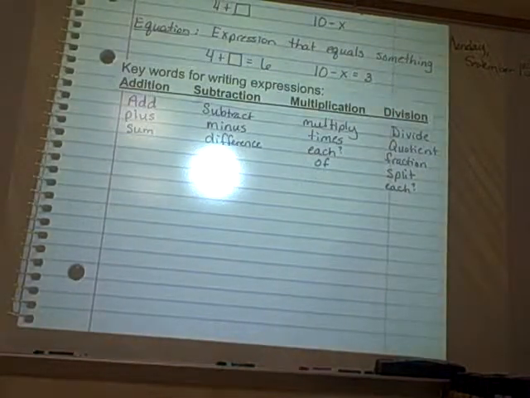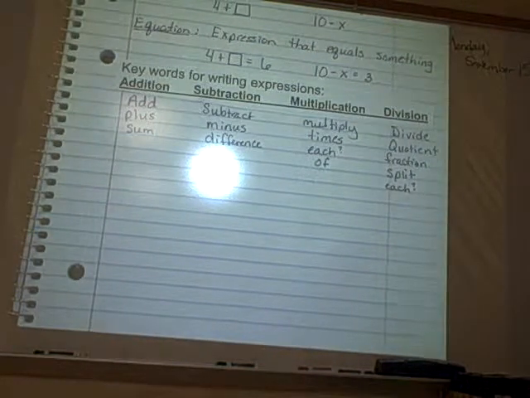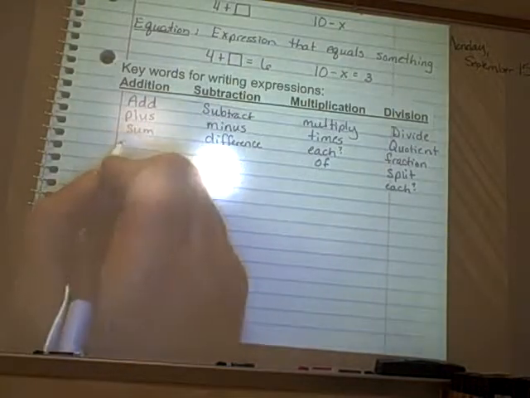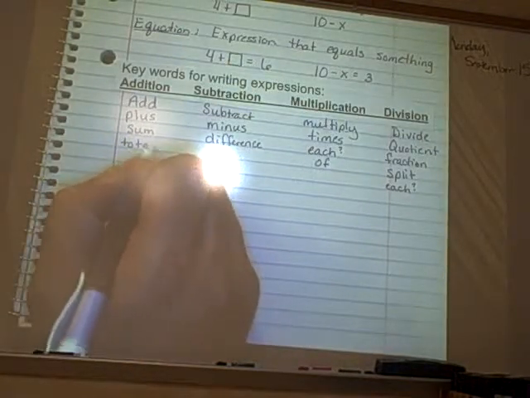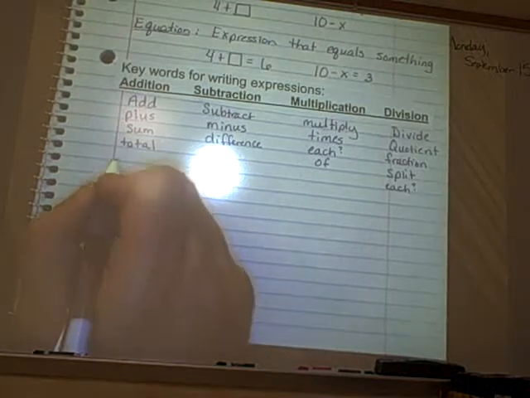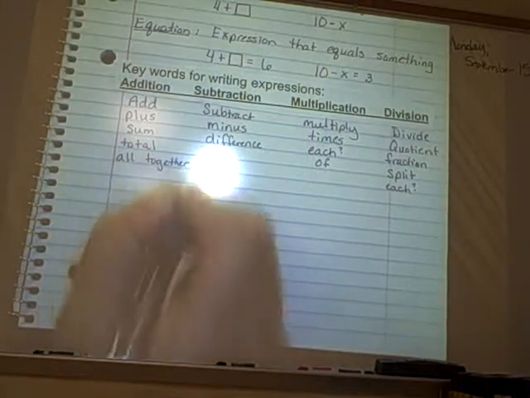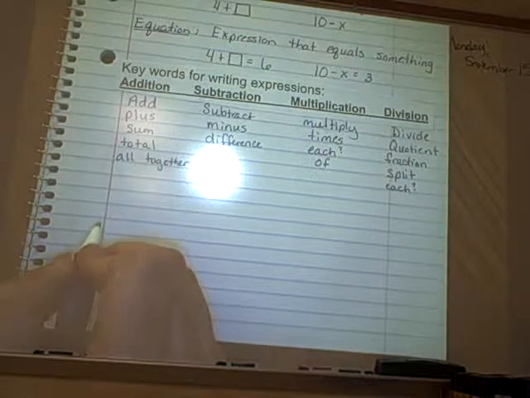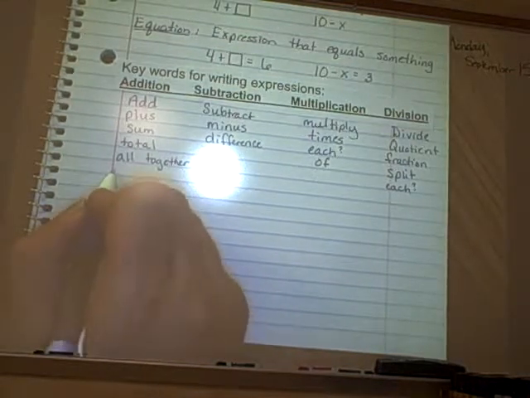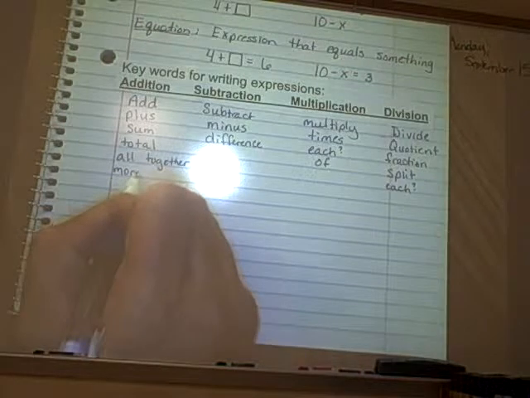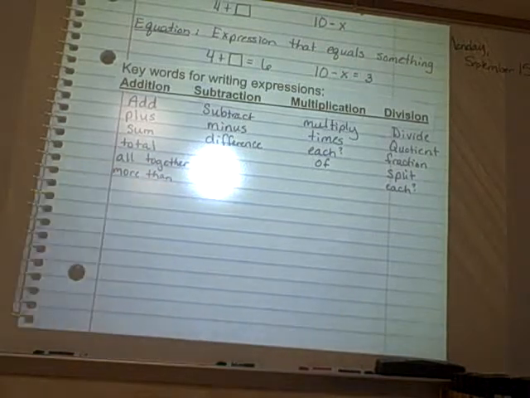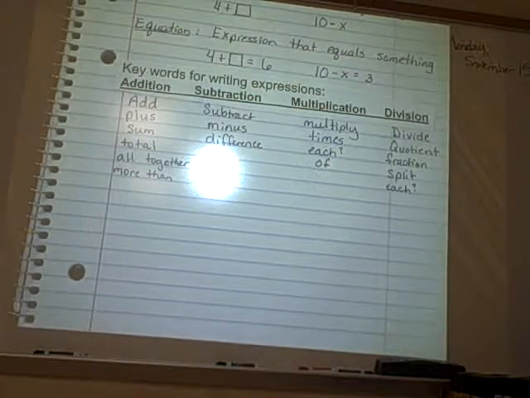Let's look at just the addition ones. What other things are addition? Total, maybe? Yep. All together? Or if you say so-and-so has 12 more than somebody else, then you're adding. More than is addition.